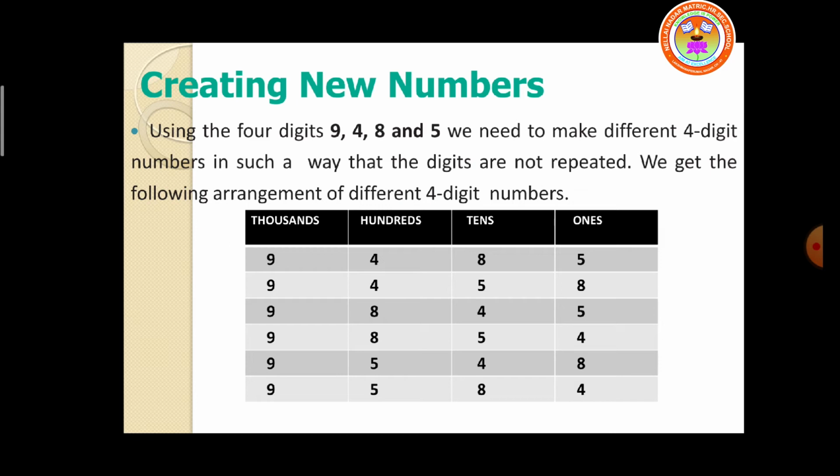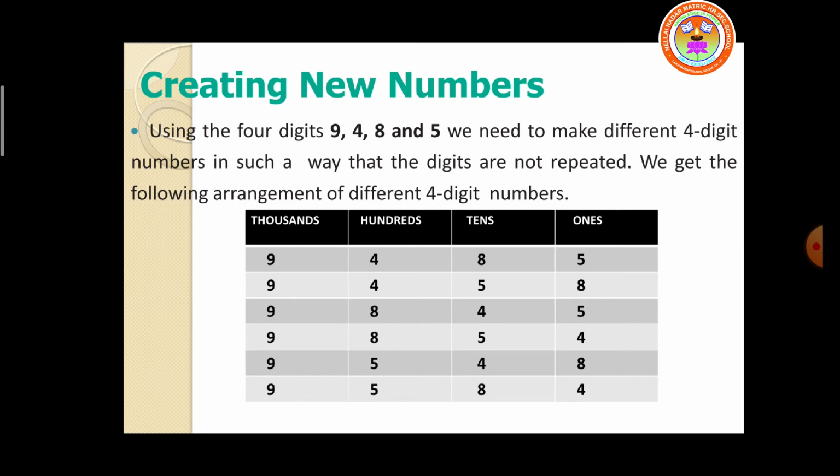Then in the second row, let the thousands and hundreds be the same. Then I have changed tens and ones. Then in the third row, I have changed hundreds, tens as well as ones. Then in the fourth row, again I am changing tens and ones. See, two times I am changing the hundreds, tens and ones values.